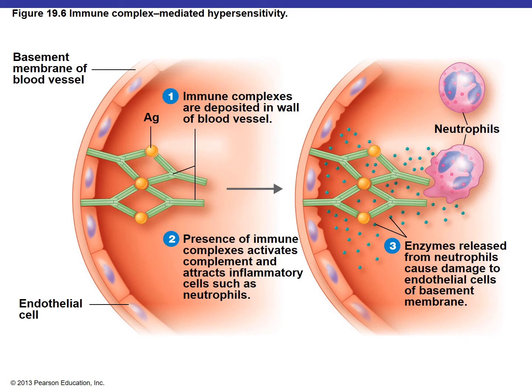Now when they're trapped in the basement membrane of the blood vessel, they can activate complement and induce an inflammatory response. Here you can see in the figure that you've got neutrophils coming and causing damage basically to the basement membrane of the blood vessel.